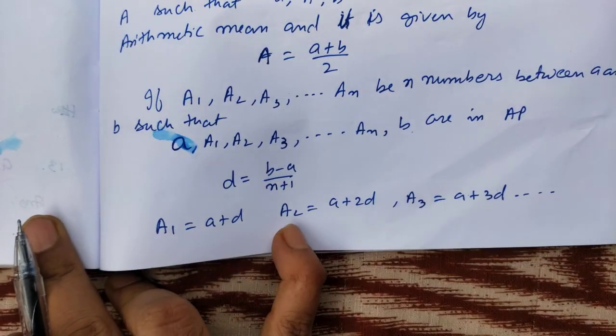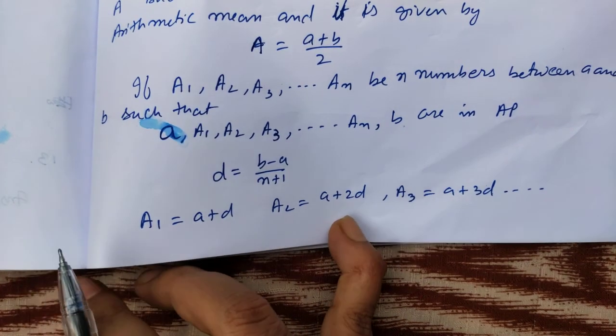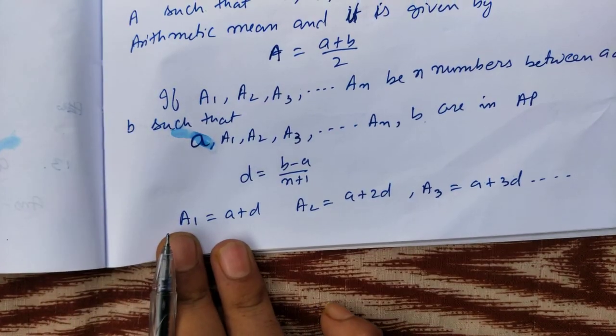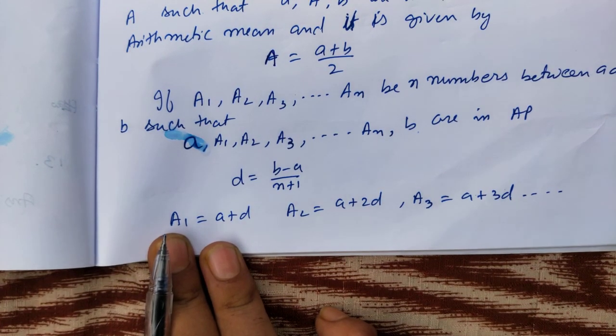Capital A2 means a plus 2d, A3 will be a plus 3d. Okay, this is for inserting numbers between two numbers to make it an AP.